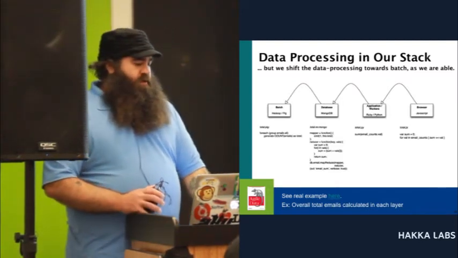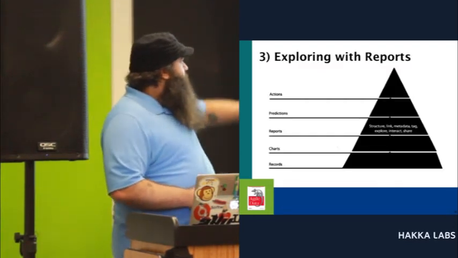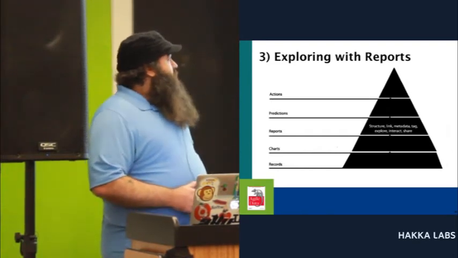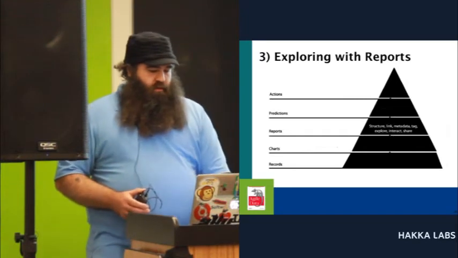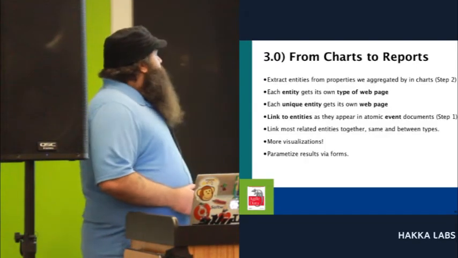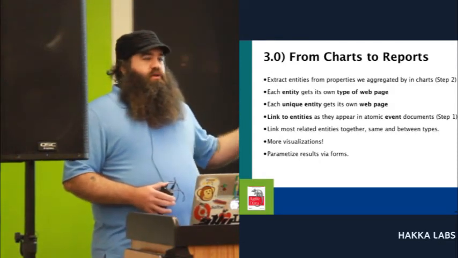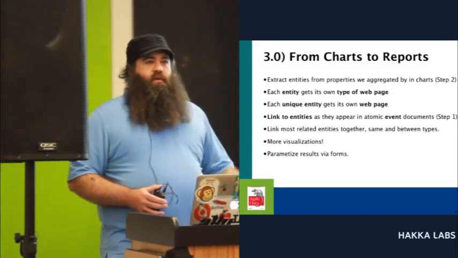All right, so the next level up is reports. Once you start linking these pages, you get related email addresses, for instance. You start to get a reporty feel to your pages of charts. We start to extract entities from properties. We started to aggregate when we built charts in the last step. Each entity gets its own type of web page.